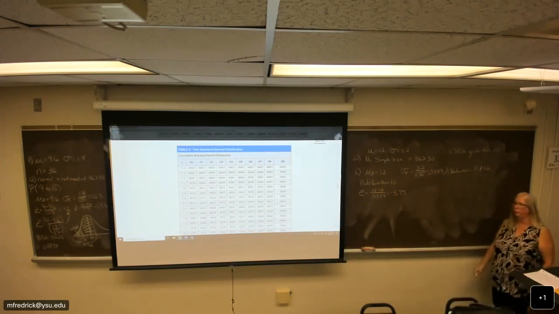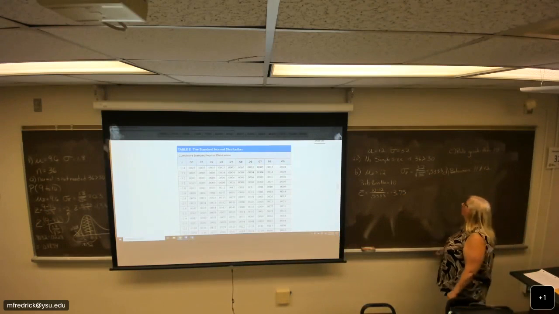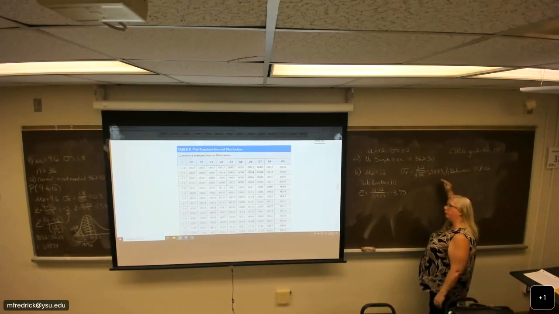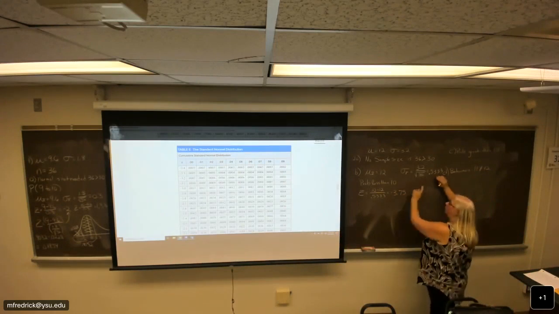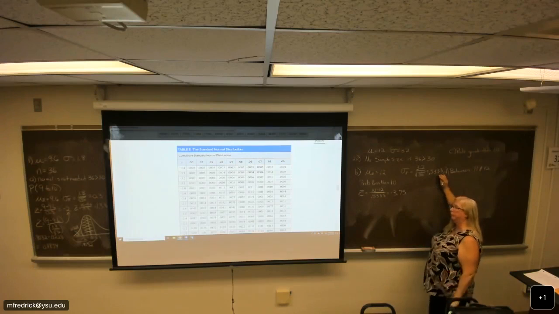You're getting a negative 3.75. Wait, why'd you go 4 decimal places? Anytime you're rounding in between something, you should go 4 decimal places. Since we're using this in another formula, go at least 4, or keep the whole thing.